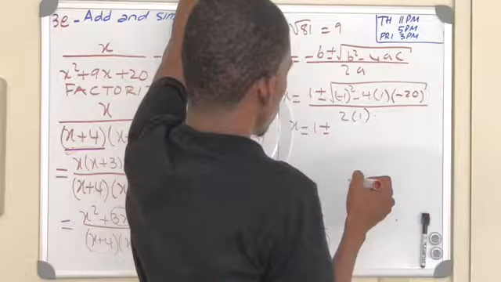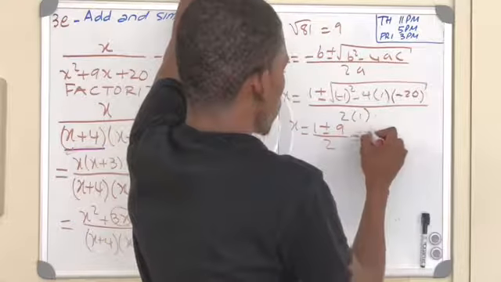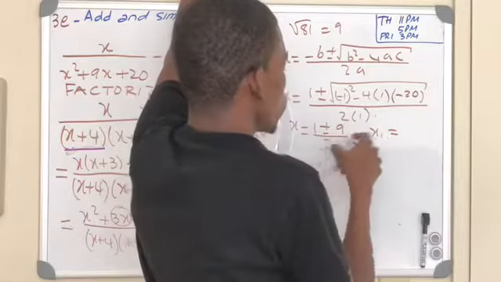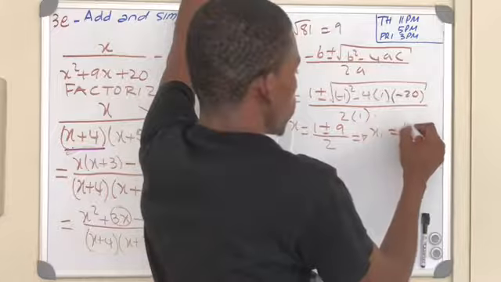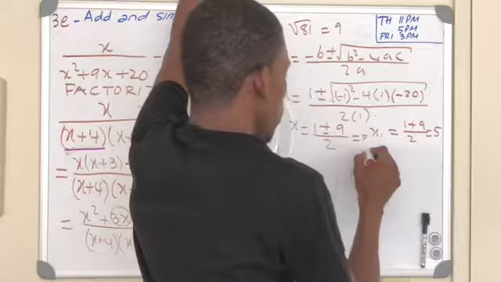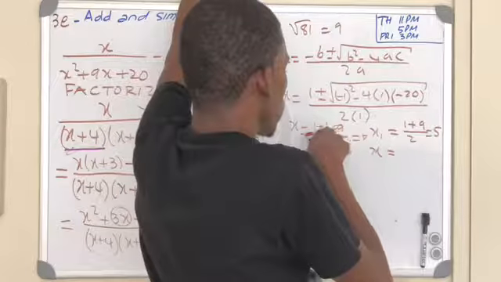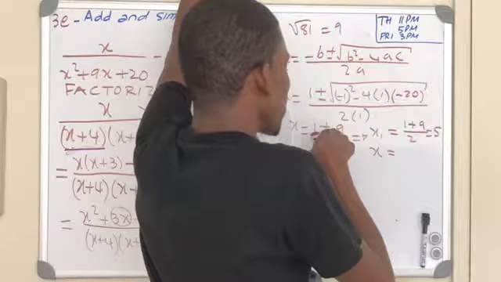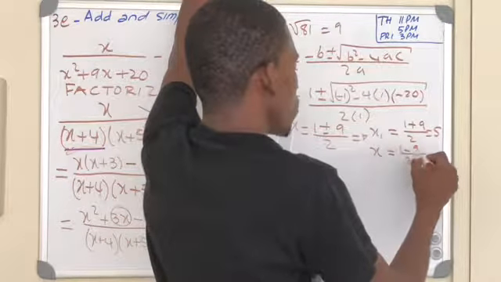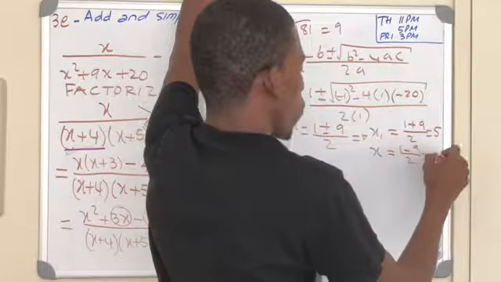That's equal to 9. So 1 plus 9 divided by 2 gives me one of the x values: 1 plus 9 is 10, divided by 2 is 5. And the other x is going to be 1 minus 9, so that's minus 8 divided by 2, which is minus 4.